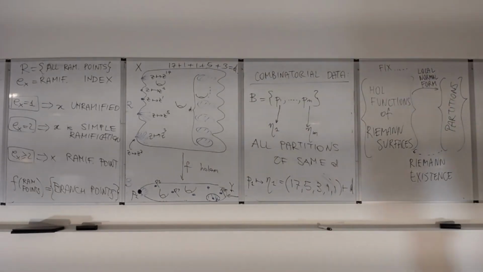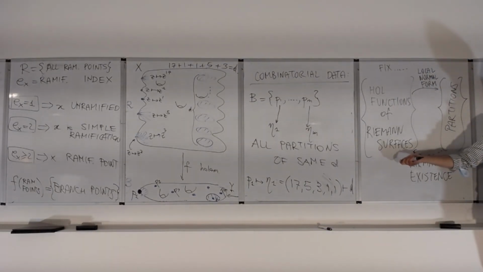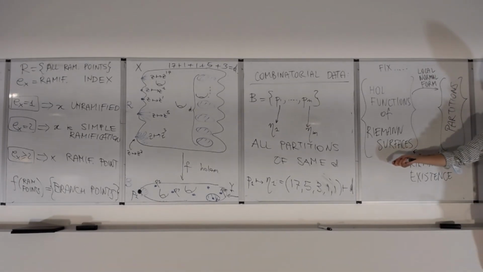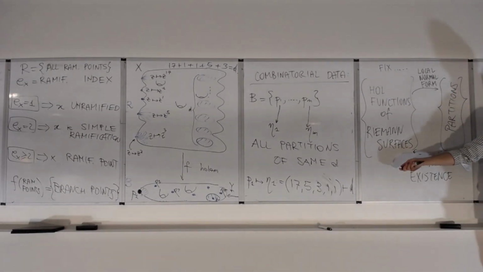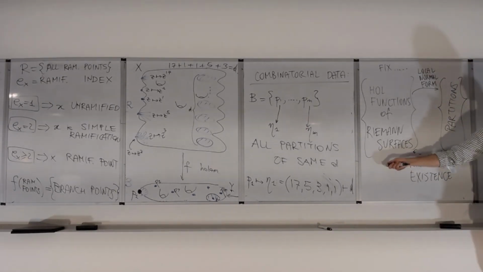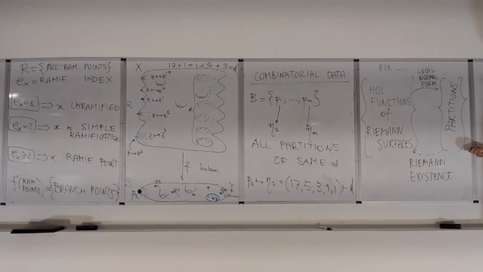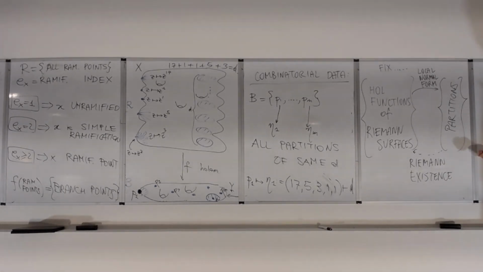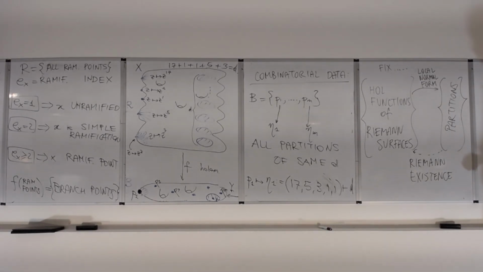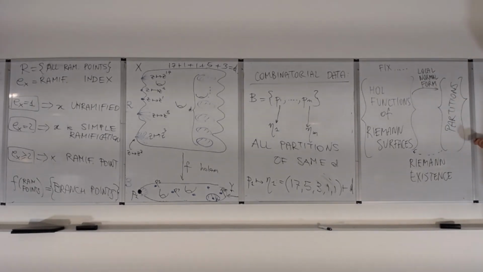Because we started with something geometrical, which was in principle very hard to handle. I wouldn't know how to deal with this for high genus, high ramifications, and so on. It's very complicated. But now we have a recipe to associate something combinatorial to it. And now we can do computations. So we took a geometric problem, and now it's a combinatorial problem to some extent.